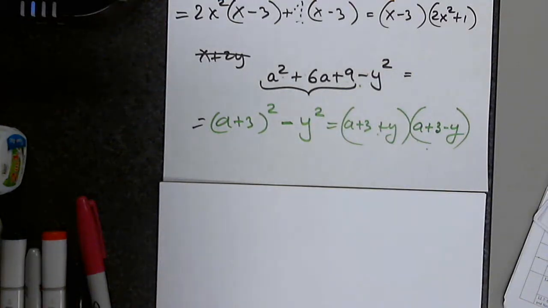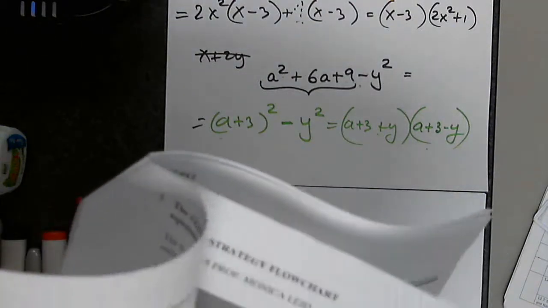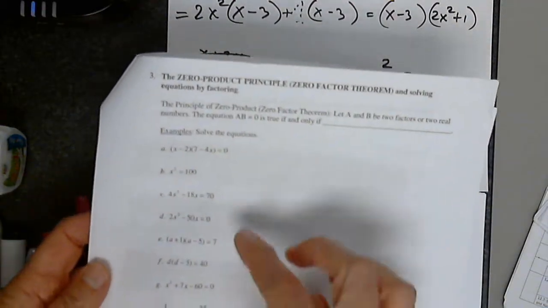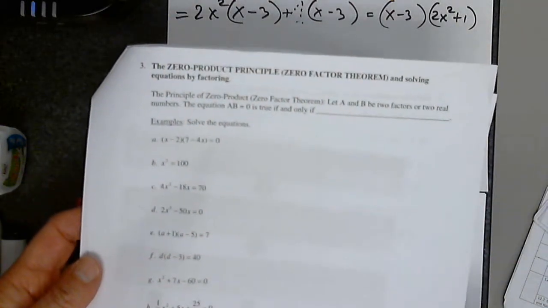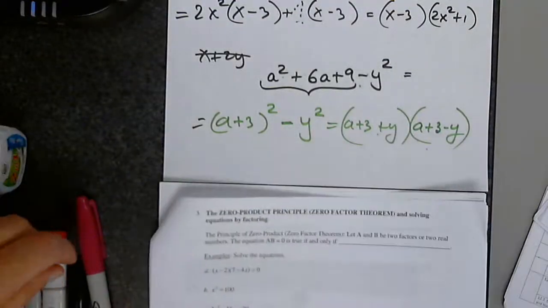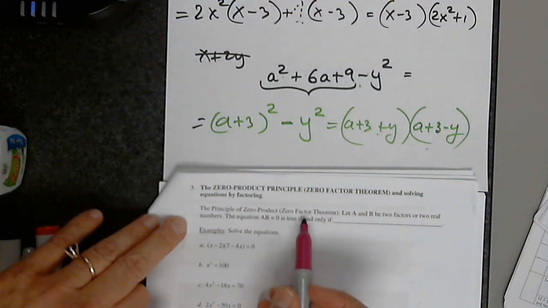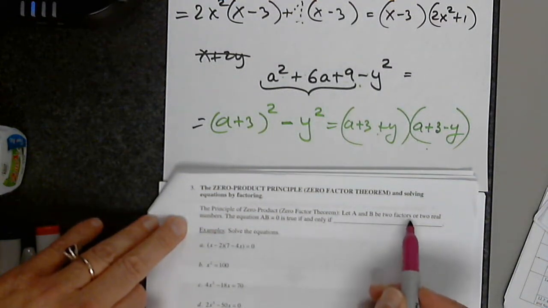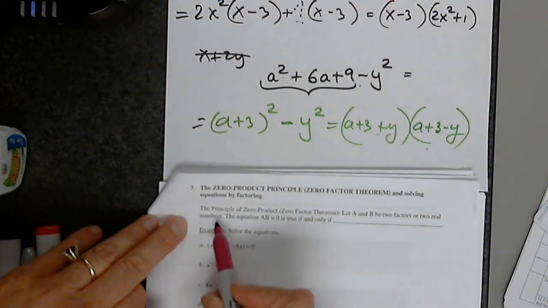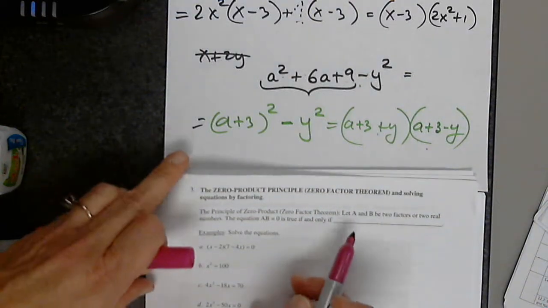Okay, so I still have 2 minutes if you allow me just to explain this because I would like you to work on these problems if you can, as much as you can. And then I was hoping to finish this today, but it is what it is. So the principle of zero product. If a and b are 2 factors or 2 real numbers, the equation a times b equals 0 is true if and only if.